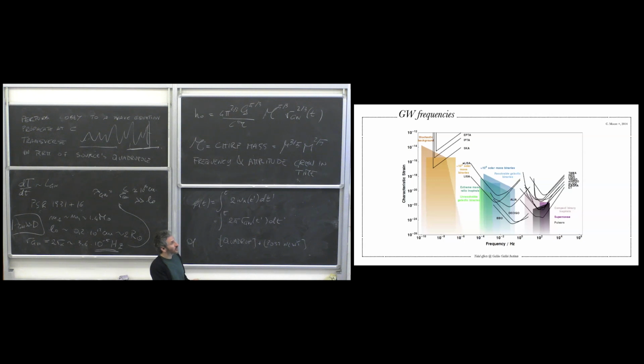There are sources that you will never be able to observe with LIGO and Virgo, in particular supermassive black holes. If you take binaries with two objects of 10 to the 5, 10 to the 6, 10 to the 7 solar masses, they emit gravitational waves that fall in the LISA band, not in ground-based detectors.